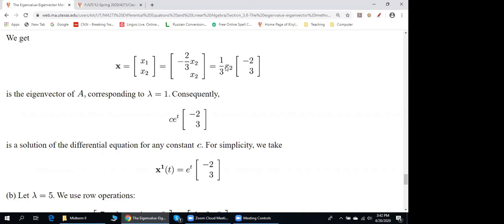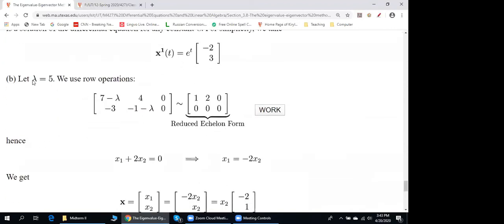We don't have to put x2 times 1/3, because all we need is to put here an eigenvector. There is no need to put all eigenvectors, just one of them, because later we will multiply this particular solution by C1 anyway. So here, e to lambda t times some eigenvector, for example, -2, 3.